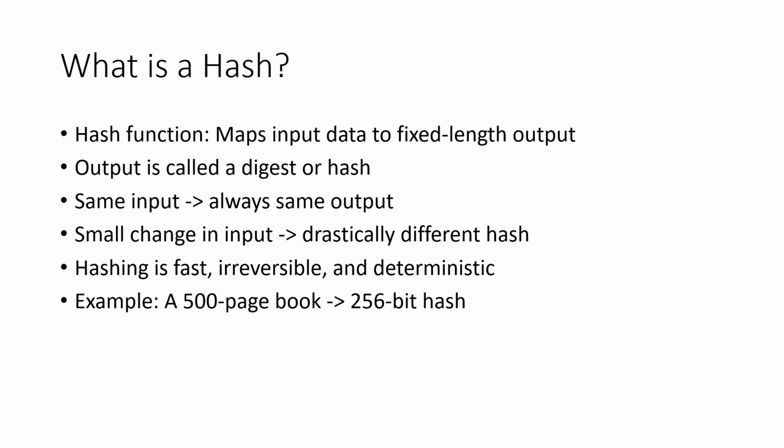For example, imagine if you take a 500-page book and compute its SHA-256 hash, you get a neat 256-bit output. If you then change just one character in the book, say add a period, the entire hash becomes completely different. Another important thing is that hashing is one way.